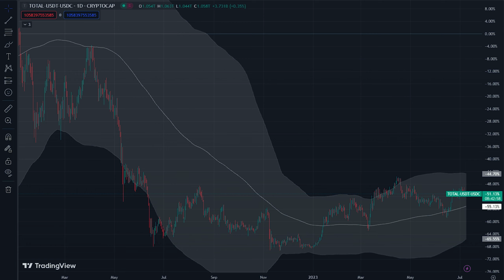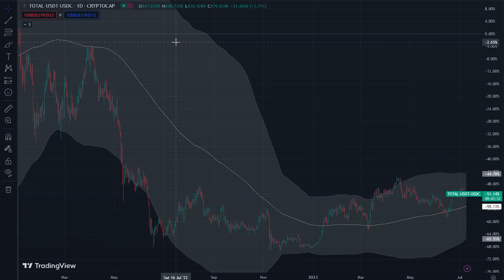So total 1, or just total, is the top 125 crypto coins. Now I've removed USDT and USDC, so if you want, it's the top 123 crypto coins, with the two biggest stable coins removed, because between them USDT and USDC have about $100 billion locked up in value.